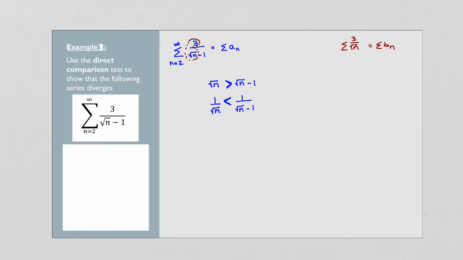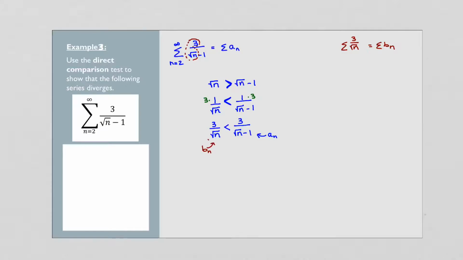And if I now multiply the positive number 3 on both sides, I get the statement that 3 over the square root of n is smaller than 3 over the square root of n minus 1. I now have a relationship between my a sub n term and my b sub n term.